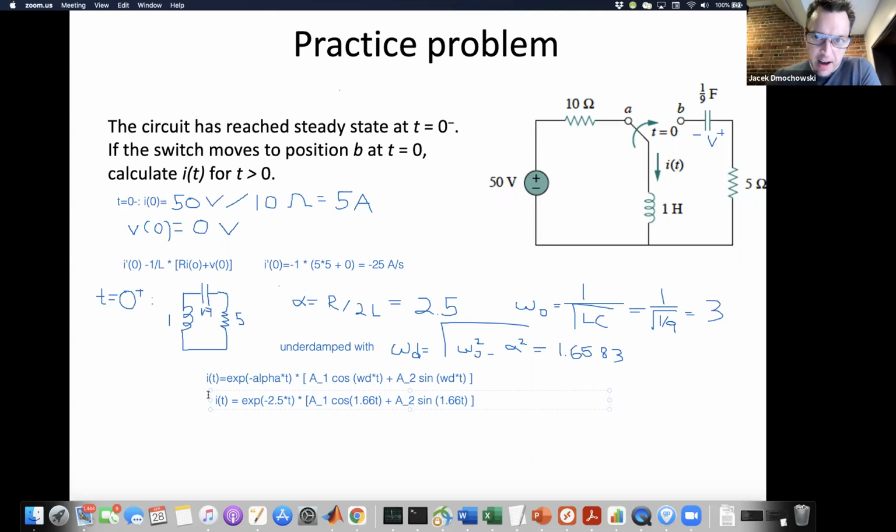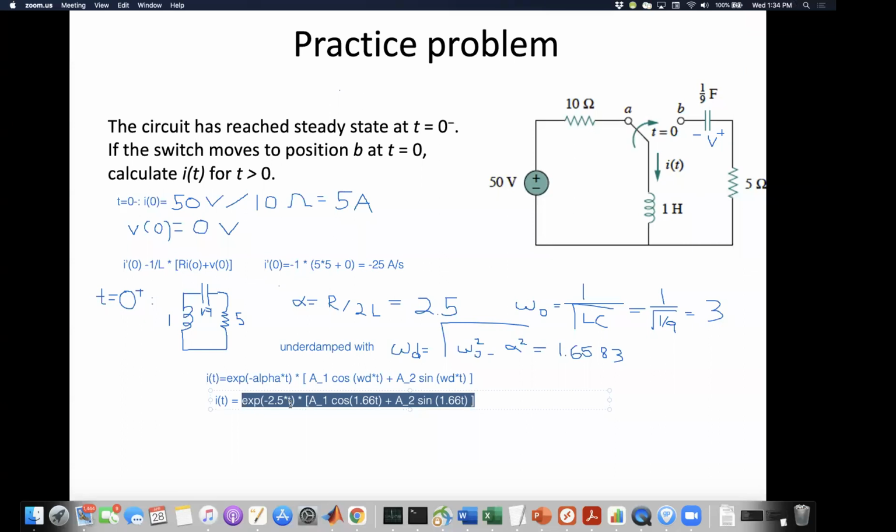So now what we have to do is evaluate this equation at time equals 0. So let me ask you, what happens to the highlighted equation when I set t equal to 0? You just get A1.